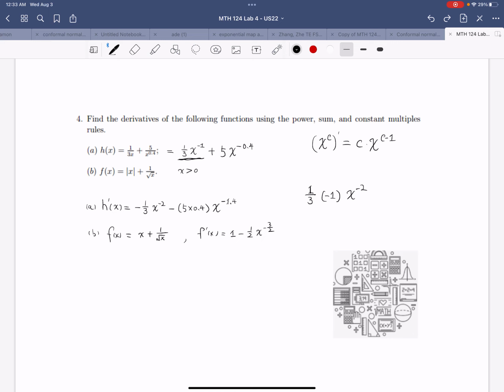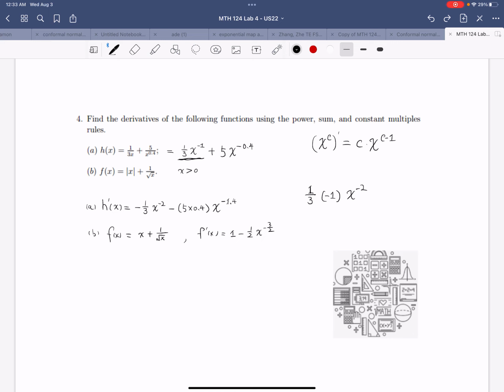The second one is f equals absolute value of x plus 1 over root x. Because 1 over root x is defined only for positive x, the domain of f is only the positive numbers. So the absolute value of x is actually equal to x for positive numbers.